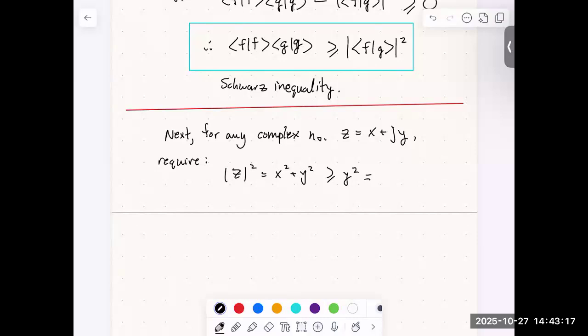It's going to be 2jy. Sorry, usually I'm getting confused with electronics, so we'll use i. So z minus z star is going to be 2i times y. So that means I could write y as 1 over 2i, z minus z star. And then for us, I need to square it.